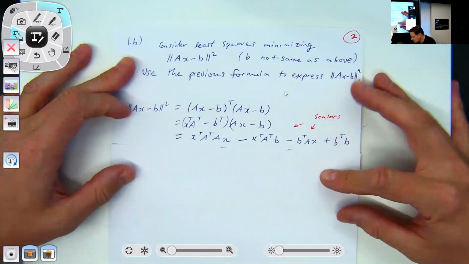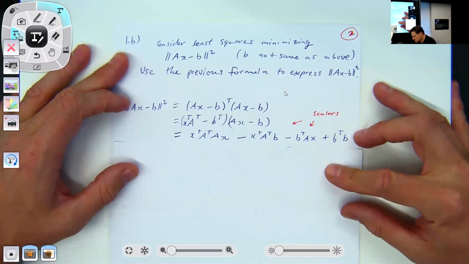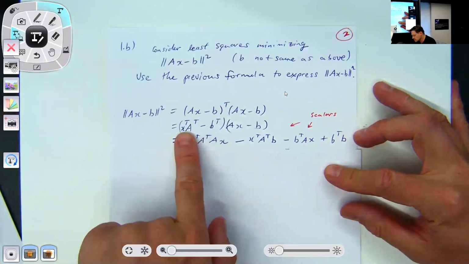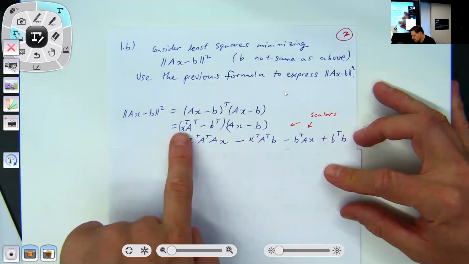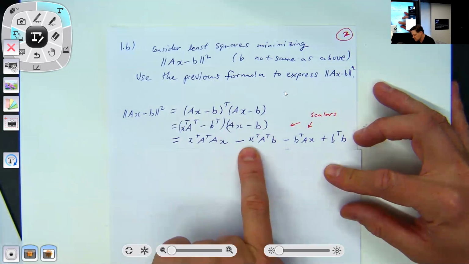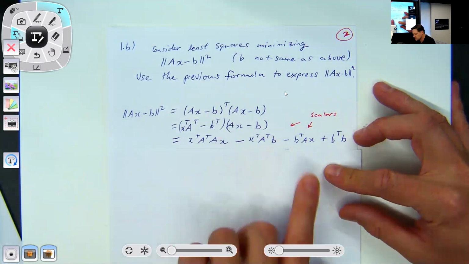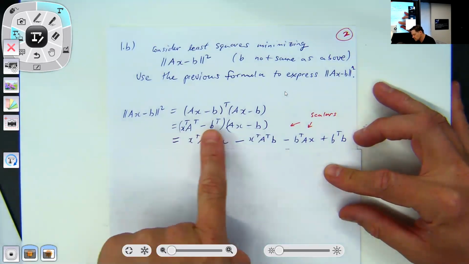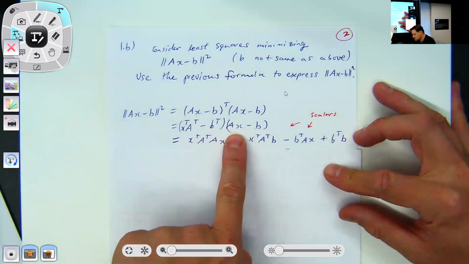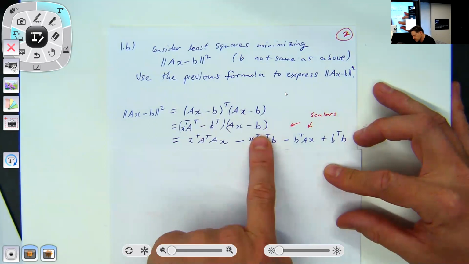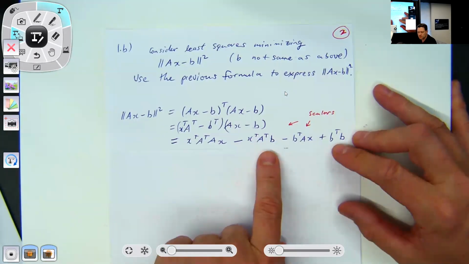Okay, so expanding that, we've got X transpose A times X. So that's that one times that one. And then we've got this one times that one. And so that gives us this. Okay, so that's this times that whole right-hand side expression. Then we have minus B transpose times this first one, AX, which we put there. And then minus B transpose times minus B, and that gives us plus B transpose B.